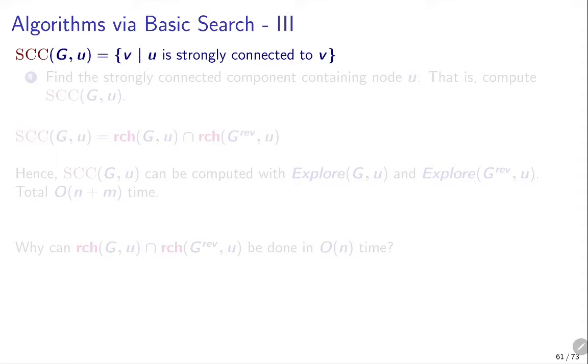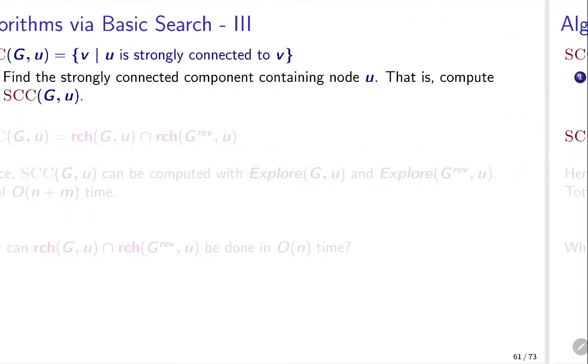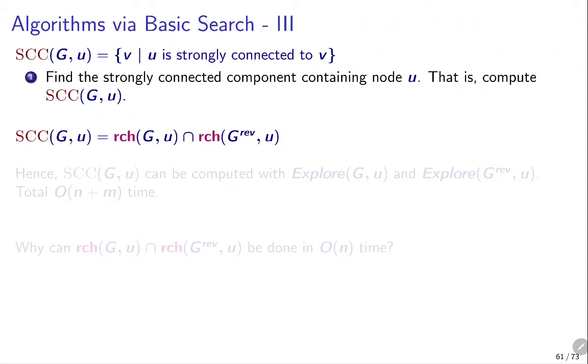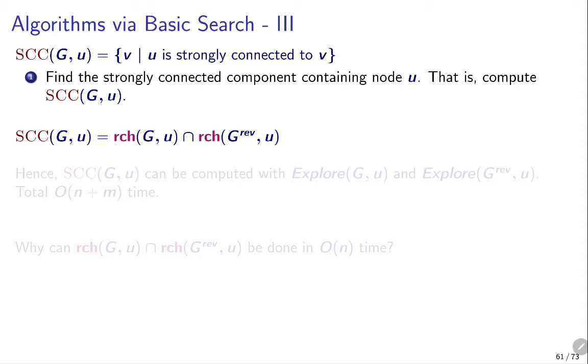Okay, computing the strong connected component of a graph is now very easy, right? Because we just compute all the vertices that are reachable from u and all the vertices reachable from u in the reverse graph. Both operations we can do in linear time.